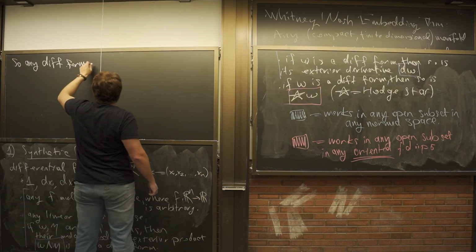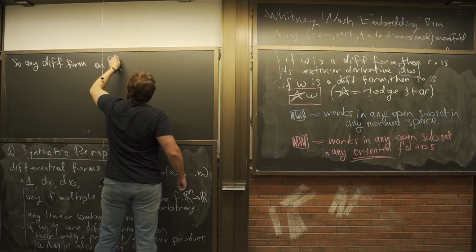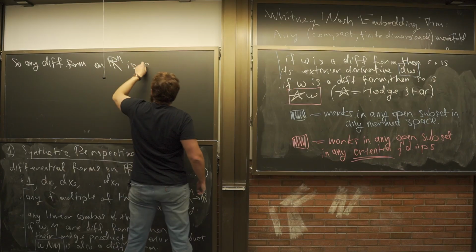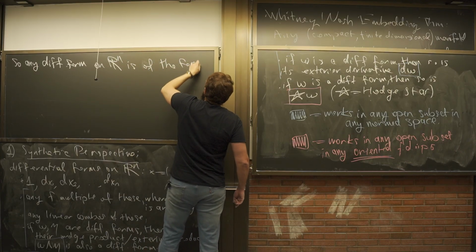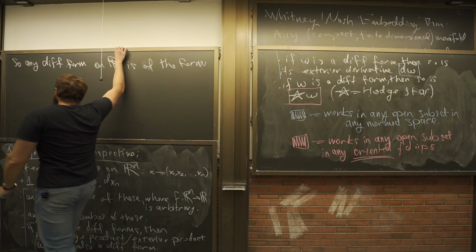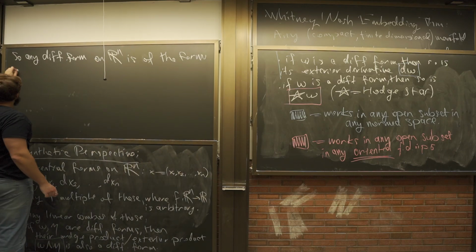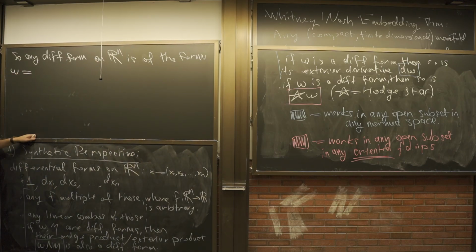Any differential form on Rn is of the form omega equals, okay? This is a constant function 1 if you want. I get to multiply it by any function whatsoever, okay?